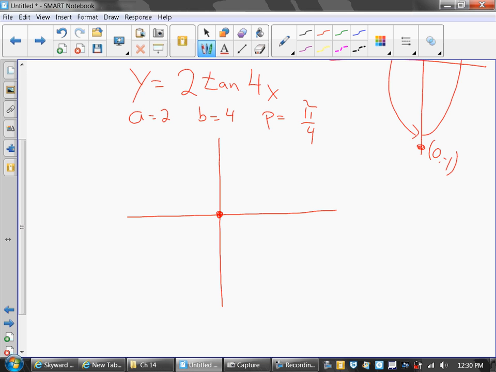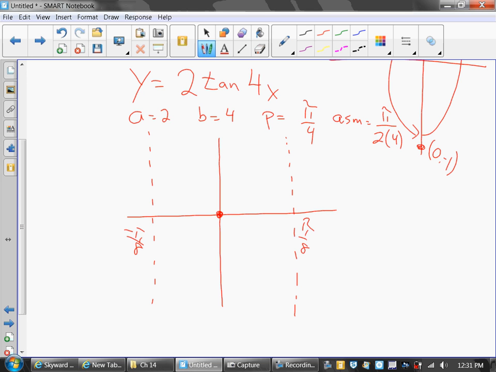period. If the period is pi over 4, that means my asymptotes are going to be at pi over 2 times 4. Well, what's 2 times 4? 8. So I put an asymptote here at pi over 8, and over here at negative pi over 8.